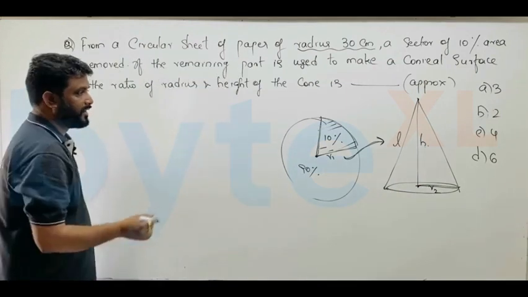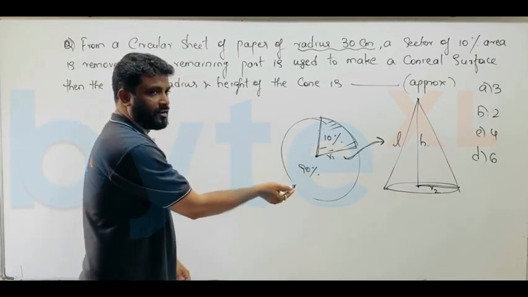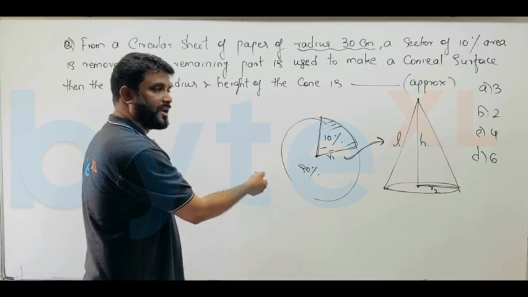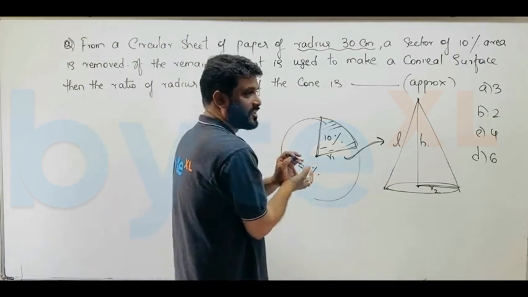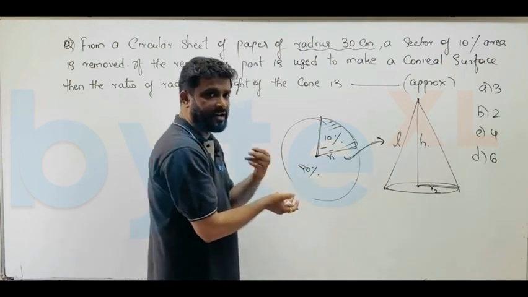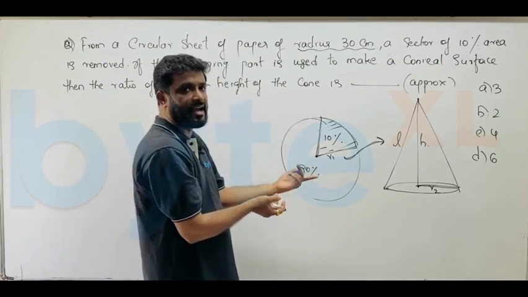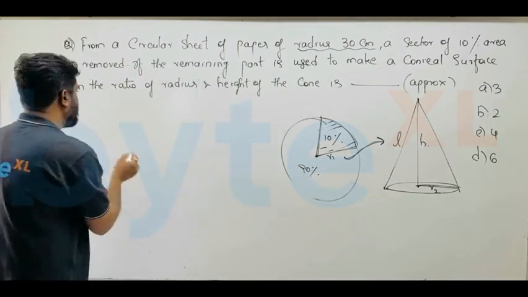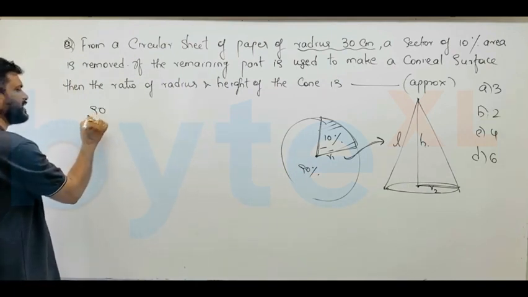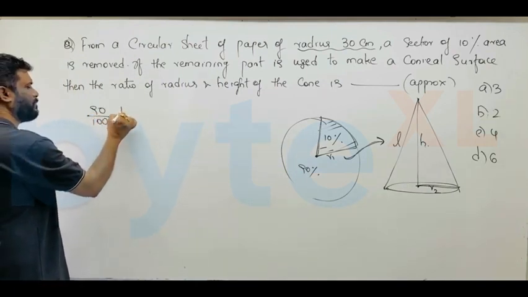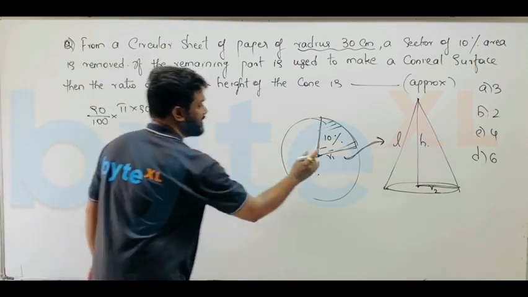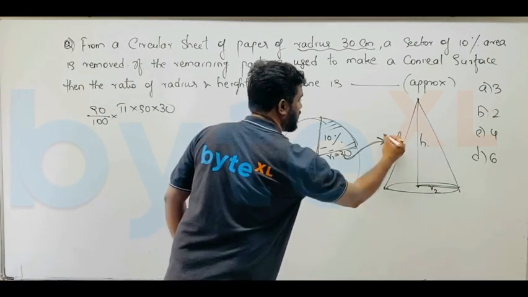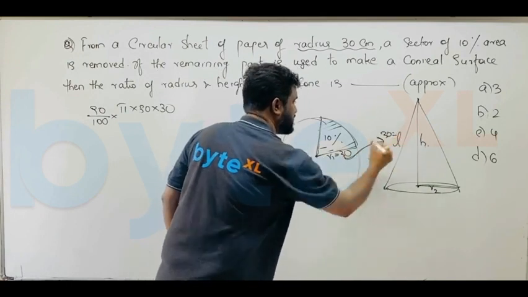Fine. Now what is the formula for the area of a circle? Pi r square. And the formula for lateral surface area of a right circular cone is pi RL, where R is the base radius and L is the slant height. So 90% of pi R square, where this is 30 centimeters, and L is also 30 centimeters because it has become the slant height.